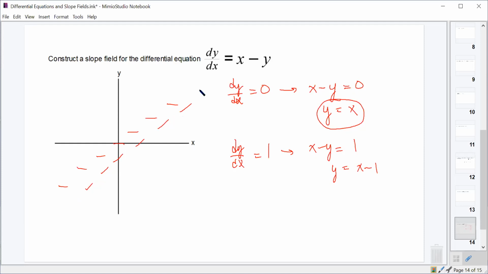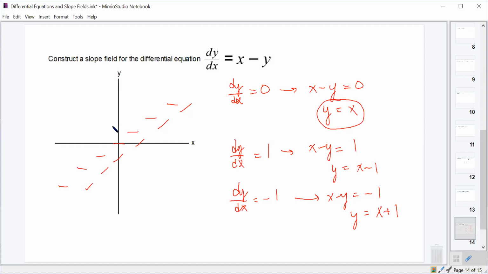Does that make sense to everyone? Yeah. Okay. What about if dy dx equals -1? What does that give us after we write x minus y equals -1? That would tell us that y is equal to x plus 1.